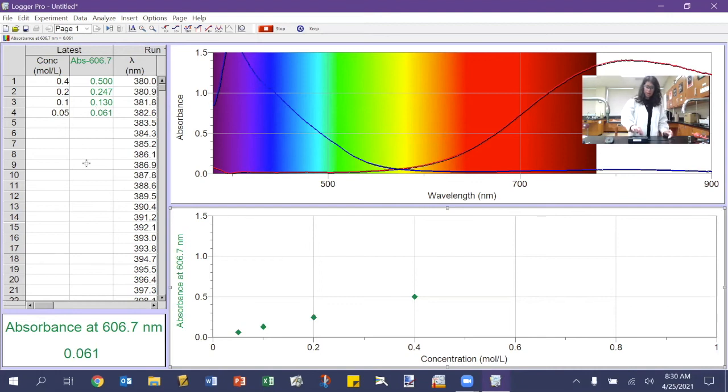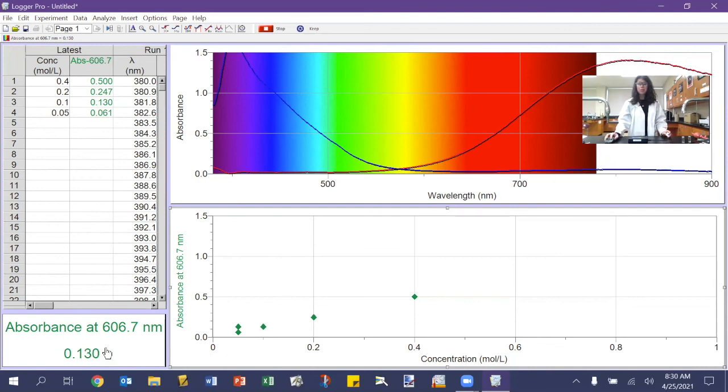And then the last thing that we want to do is we want to test our brass solution to see how much copper is in this brass solution. Now, I can't hit keep up here because I don't know the concentration of the copper.